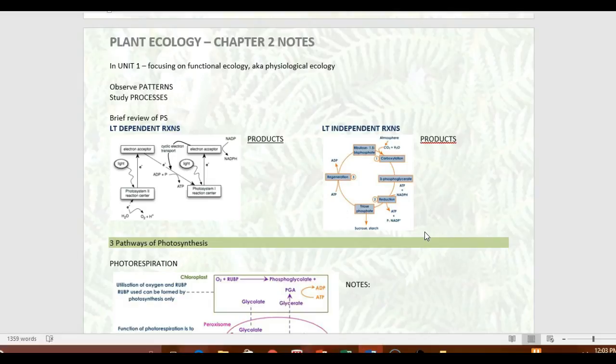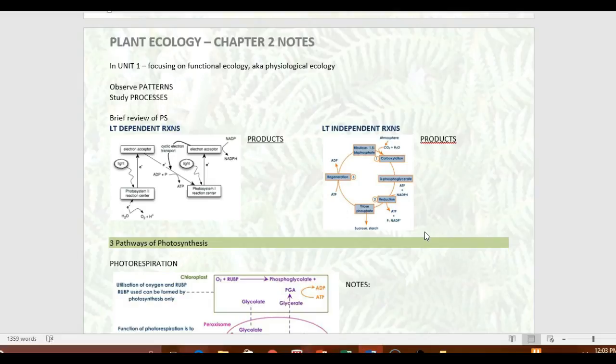Always. Or it's not a cycle. Does that make sense? Remember this stuff? How many of you are in biochemistry at the same time? You're going to get this. Hopefully you've already got it, but you're going to get this.